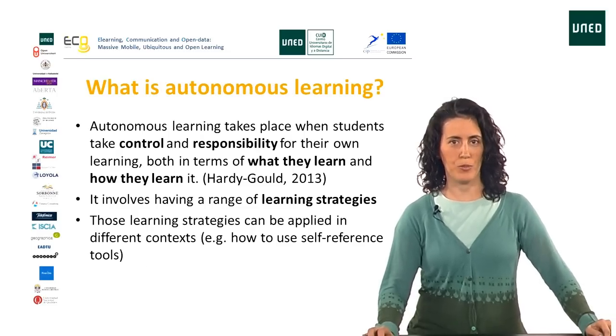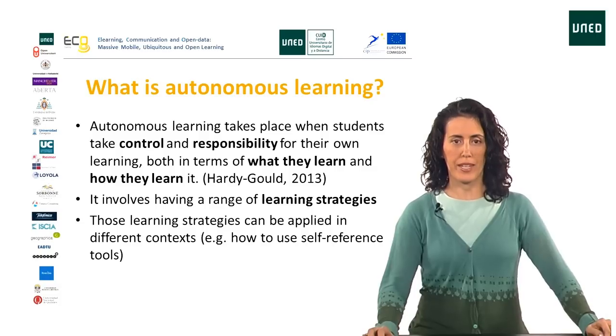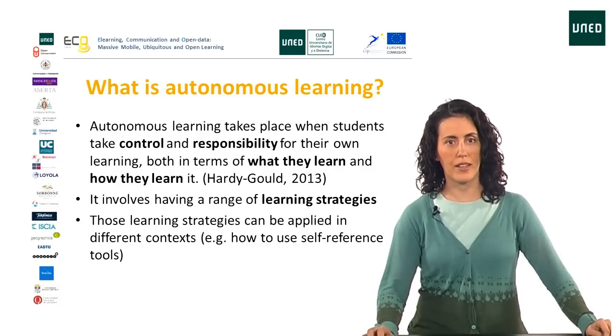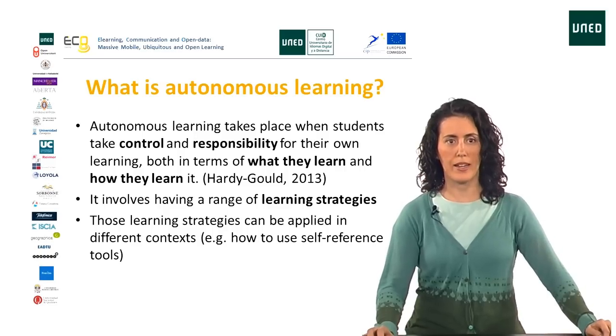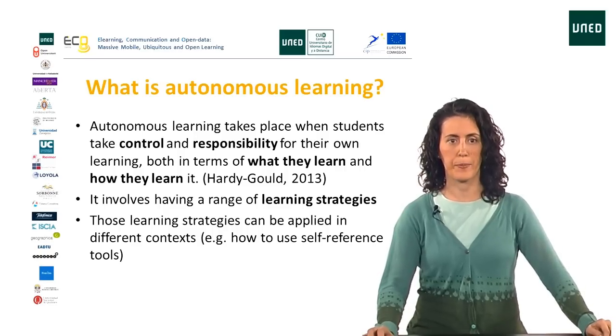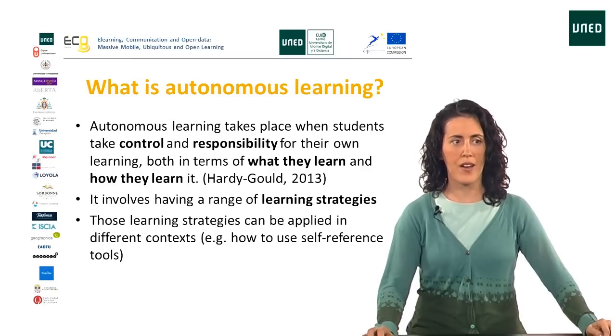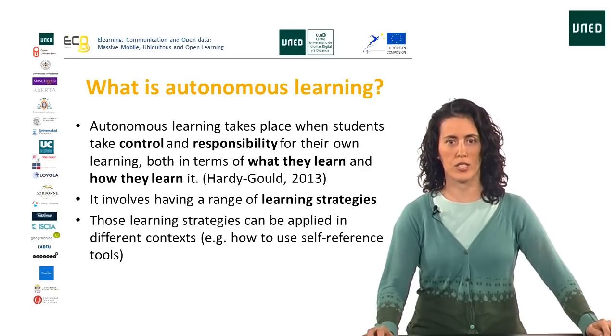What is autonomous learning? Well, I have a definition there. It says that autonomous learning takes place when students take control and responsibility for their own learning, both in terms of what they learn and how they learn it. So it involves having various learning strategies, and those can be applied in different contexts.